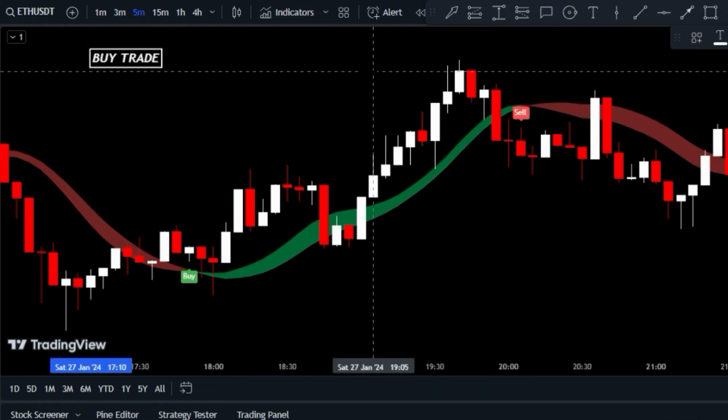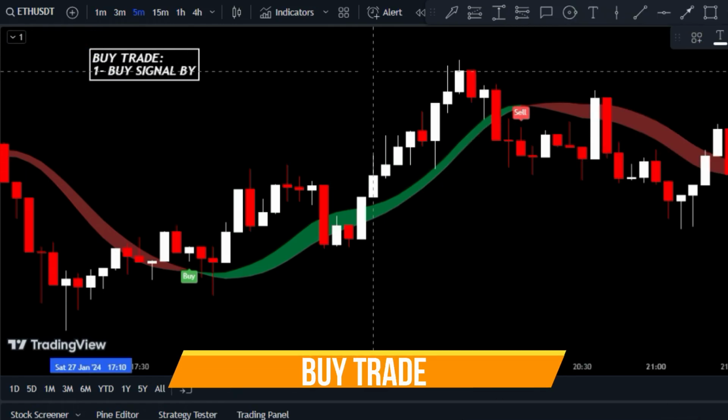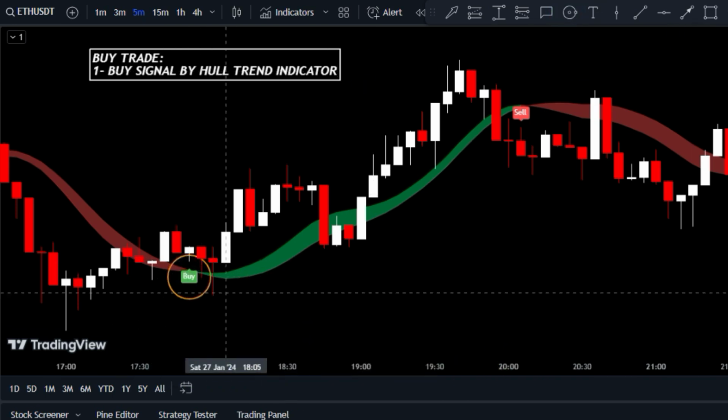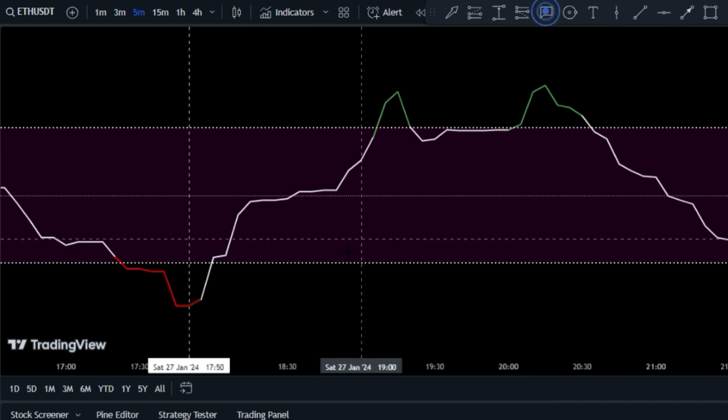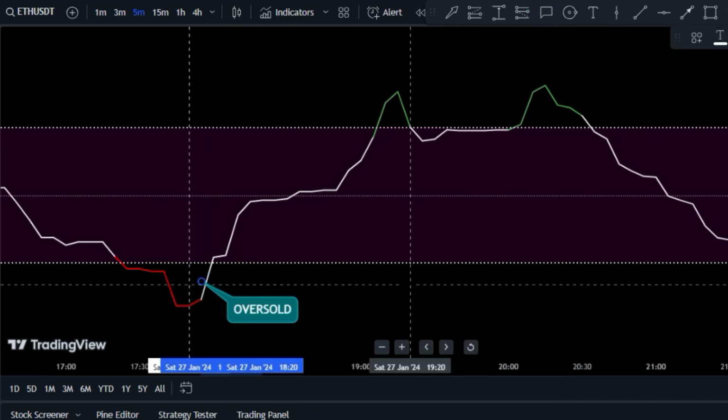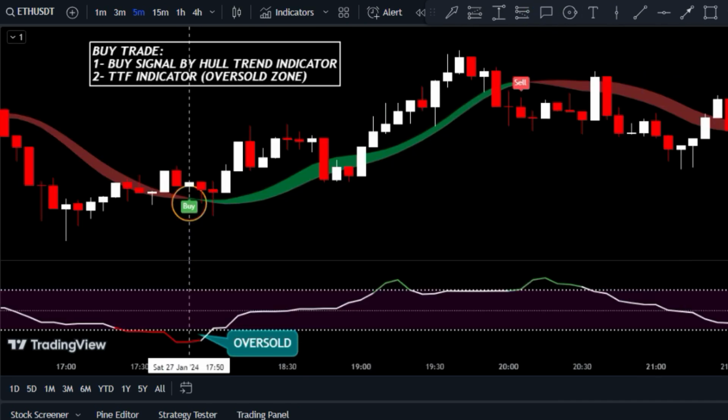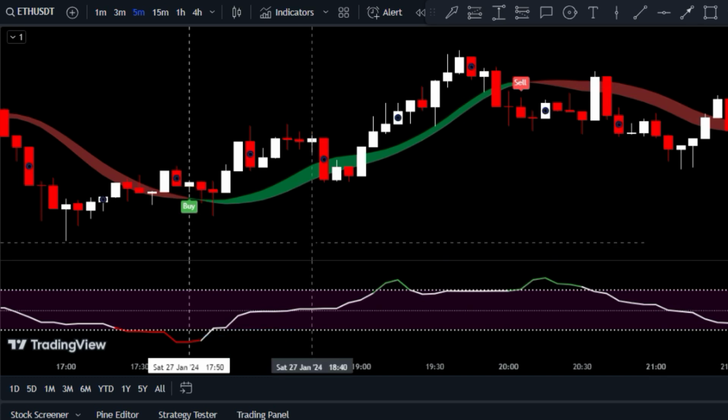And for a buy trade, look for a buy signal from the Whole Trend indicator. After that, ensure that the TTF is in the oversold area. So if both conditions are met, now you can open a buy position.